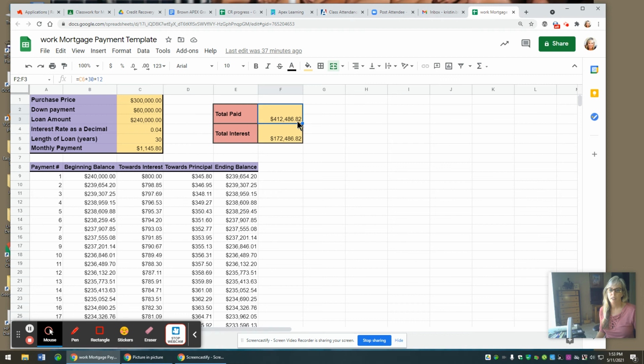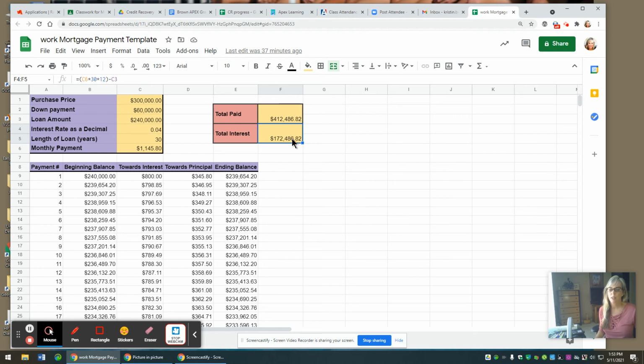We paid all of this. Oh, I think I have a mistake here, come to think of it. Let me look. That's the monthly payments minus, no, it's not a mistake, minus the amount we borrowed. So the bank earned $172,486.